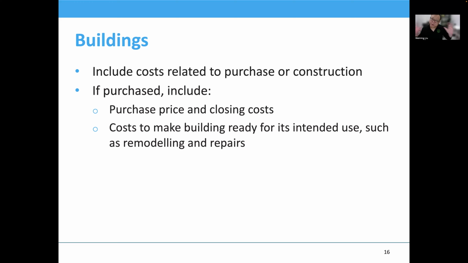But now you bought the building, and your intended use is to make this building an office building. So it's all open space. Now you have to remodel the whole space. Build some drywalls, so you have some office rooms.